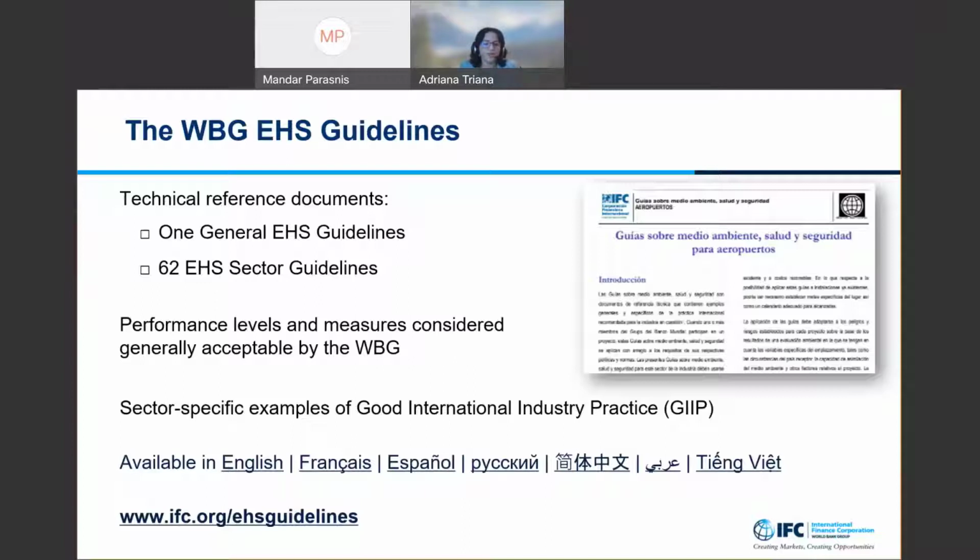Recently, we have updated a couple of agribusiness sector guidelines, and we are expecting to release very soon the cement and lime manufacturing environmental health and safety guideline. It is important to get familiar with the guidelines and apply them in the correct way, meaning understanding the applicability of those parameters.